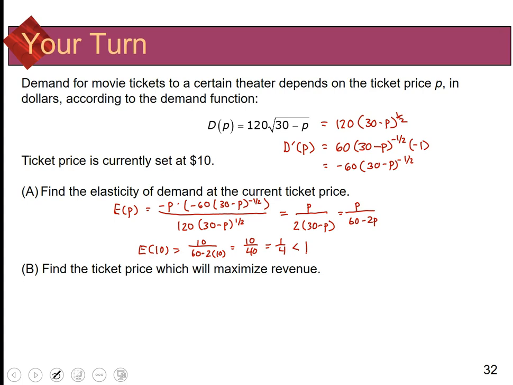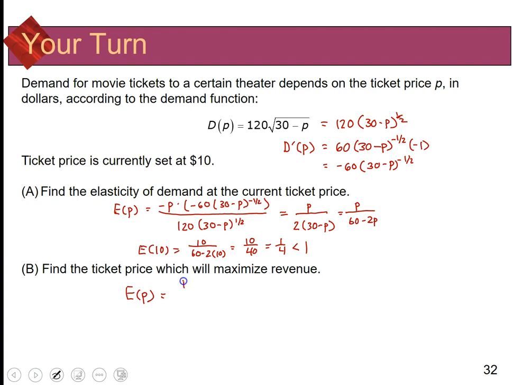To answer the question, what ticket price would maximize the revenue? As we said before, to be at a maximum revenue, I should have an elasticity equal to 1.